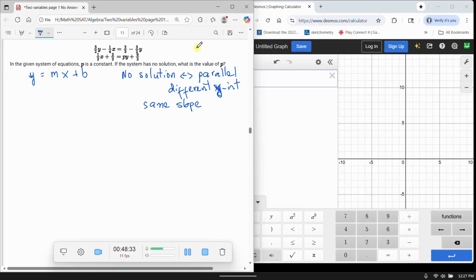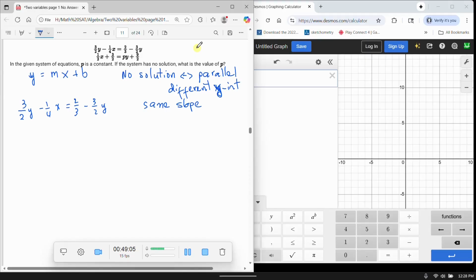The first equation, we're going to solve for y. So we have 3 over 2 y minus 1 over 4 x equal 2 over 3 minus 3 over 2 y. So we have letter y on the left, we have letter y on the right. I'm going to add 3 over 2 y to the left, so that 3 over 2 y would be added onto the left hand side.